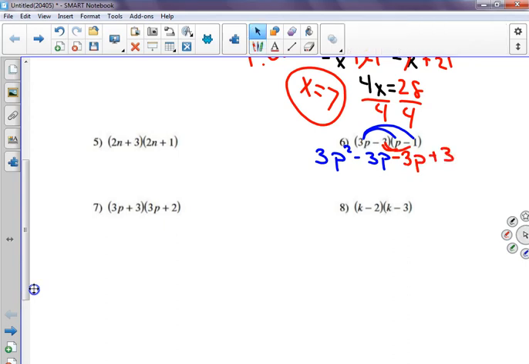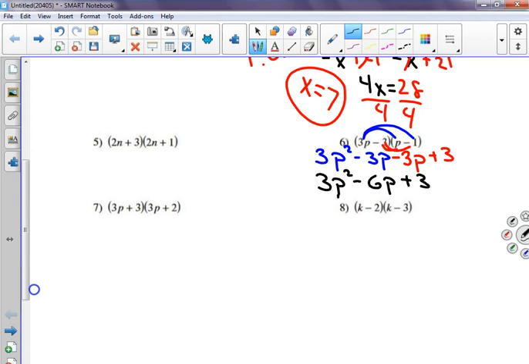Combine my like terms, and we get 3p squared minus 6p plus 3. Alrighty.